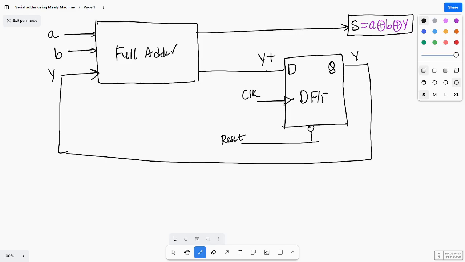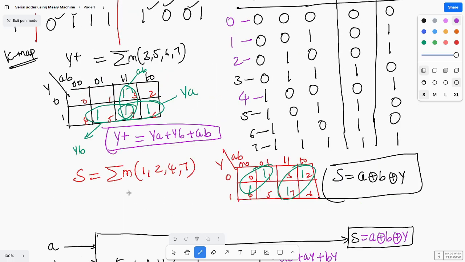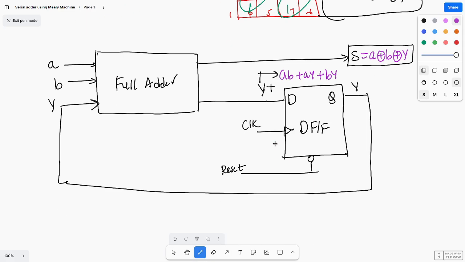Next, the carry out: Y plus equals AB plus AY plus BY, the same thing. So like this, you need to design the serial adder Mealy machine.